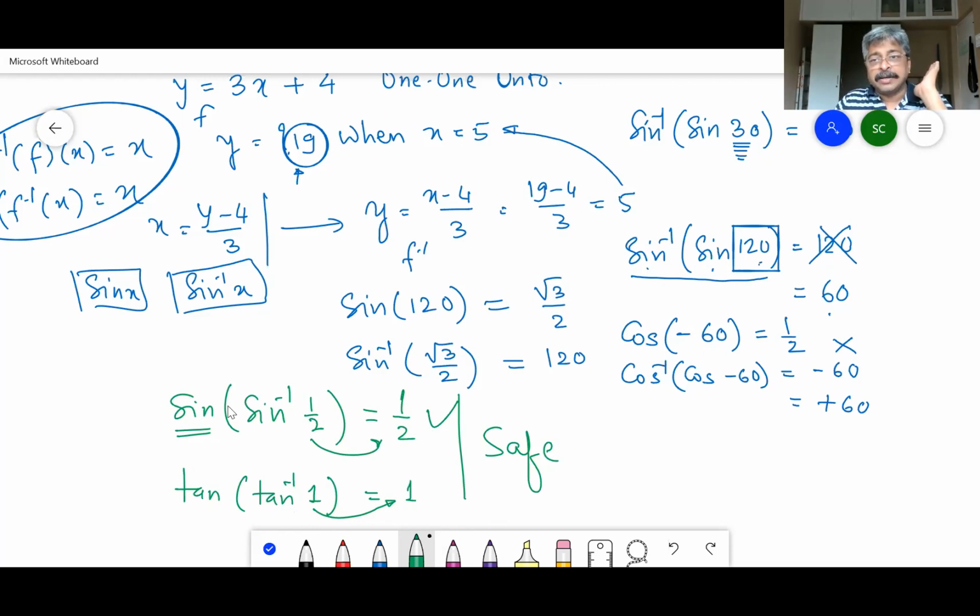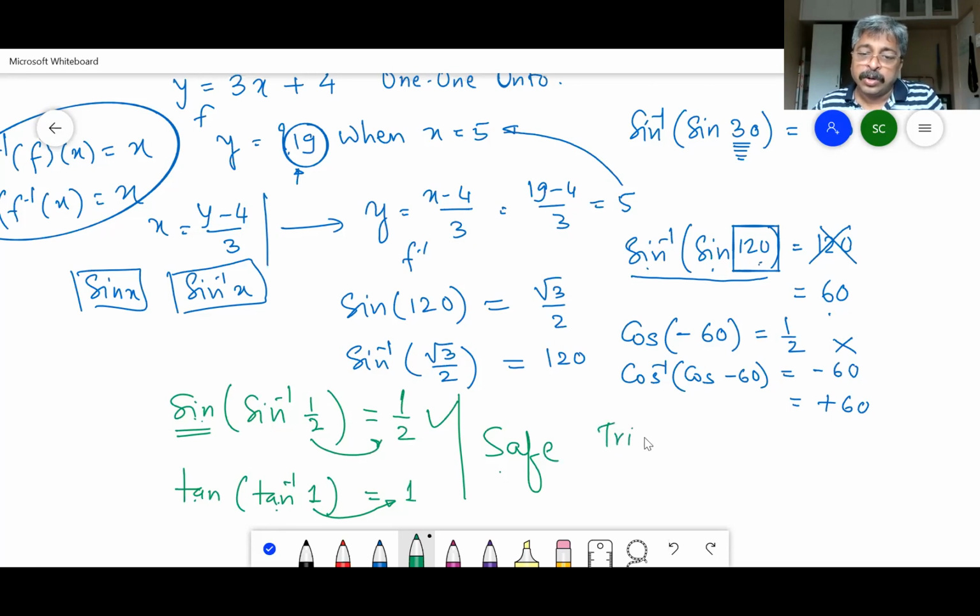It is a trigonometric function as defined. So a trigonometric function followed by its inverse is safe, because its inverse will take you to the safe zone. This is the angle which will be in the range that we have defined for inverse functions. And if you take tan or sine of that, you will go back to normal. So this is very important, which needs to be understood.